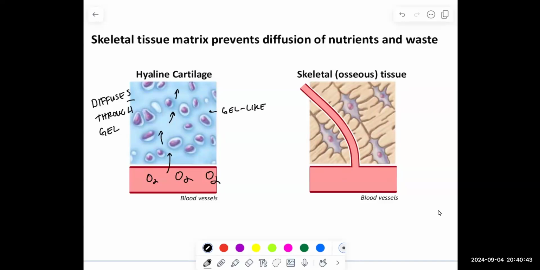Well, when this becomes skeletal tissue, blood vessels have to run through the bone. So the blood vessels also have to invade the hyaline cartilage when you're developing bone, when children are growing. That'll allow the oxygen to travel into this space.